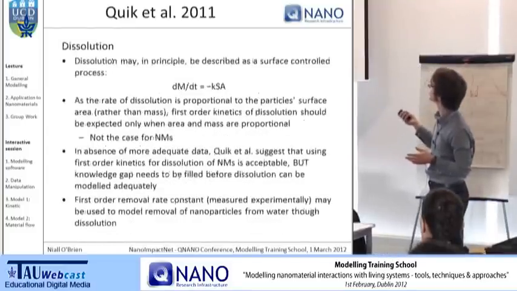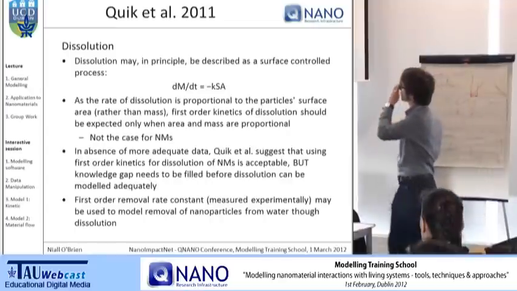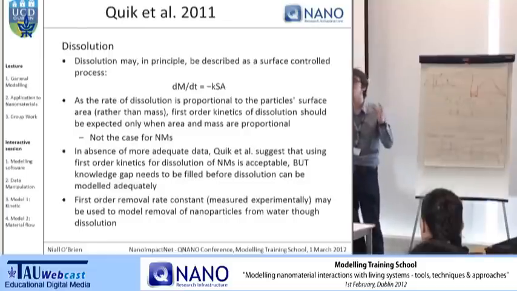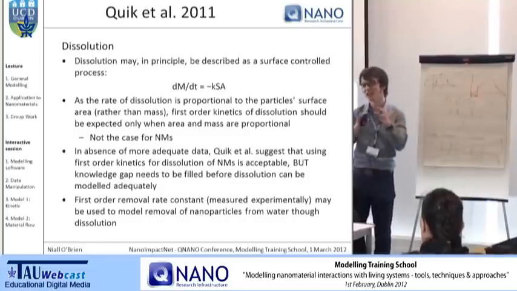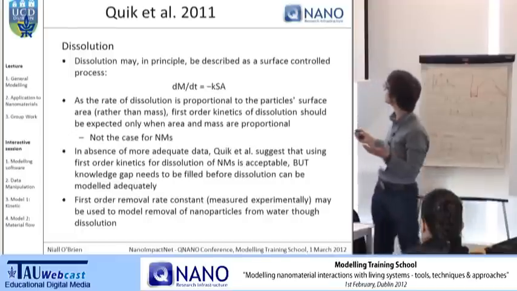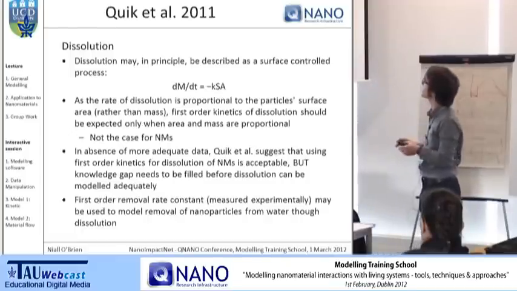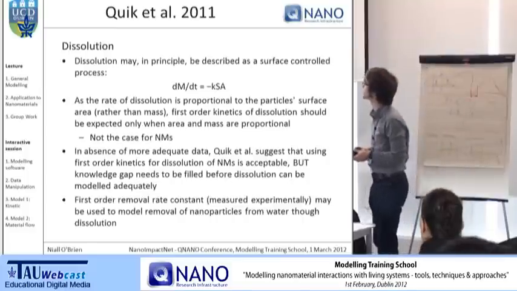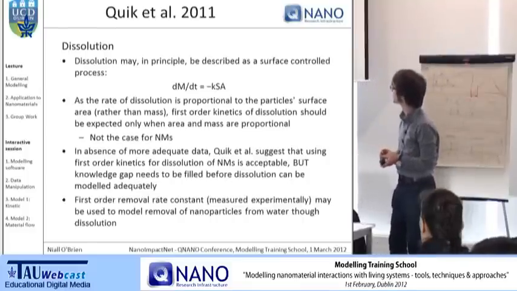For dissolution, again, it is reliant on the surface area to mass ratio, but the surface area to mass ratio changes once it dissolves. So, again, second order. But in the absence of more adequate data, Quick et al. suggest that using first order kinetics for dissolution of nanomaterials is acceptable.